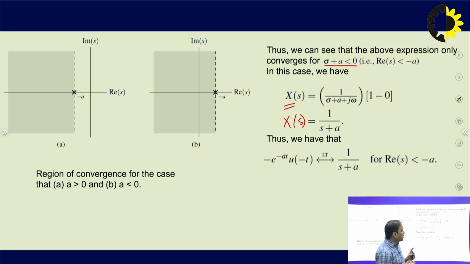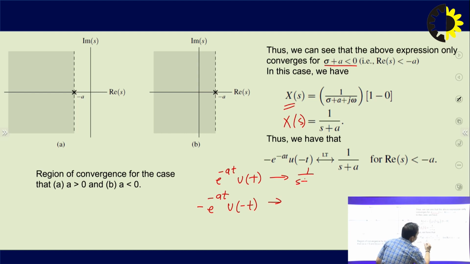Clearly, both our previous example, e raised to power minus at u(t), and minus e raised to power minus at u of minus t, lead to the same type of result, 1 by s plus a.